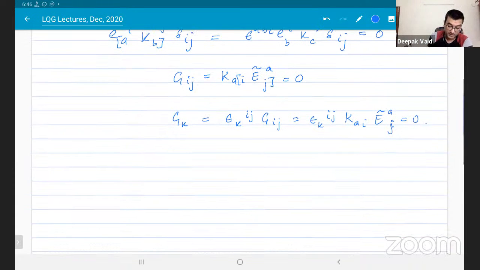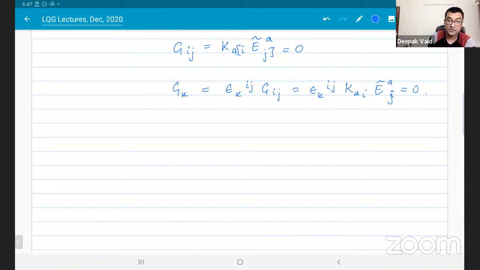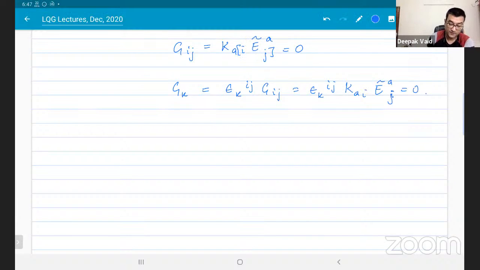So we have expressed the intrinsic metric in terms of the triad. We have written the extrinsic curvature in terms of the triad. Right now, but now we have to translate all of that into this capital E, right?